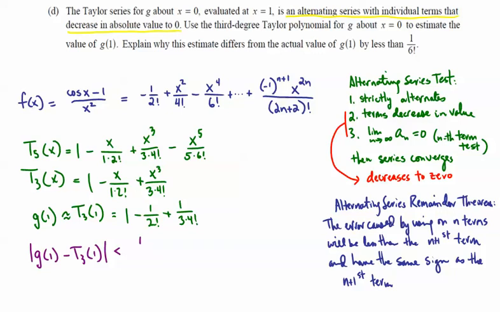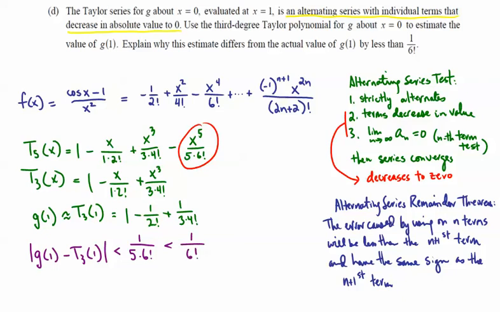Since we were only using the third degree, the first excluded term would be x to the fifth over 5 times 6 factorial, and so the error bound has to be less than that. Of course, we're plugging in 1 for x, so it has to be less than 1 over 5 times 6 factorial, which itself is going to be less than 1 over 6 factorial, which is given there.